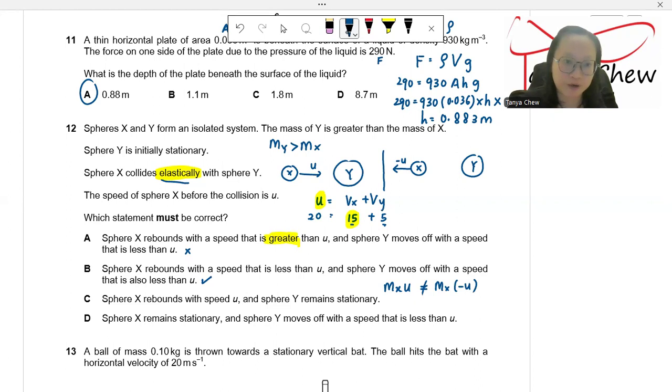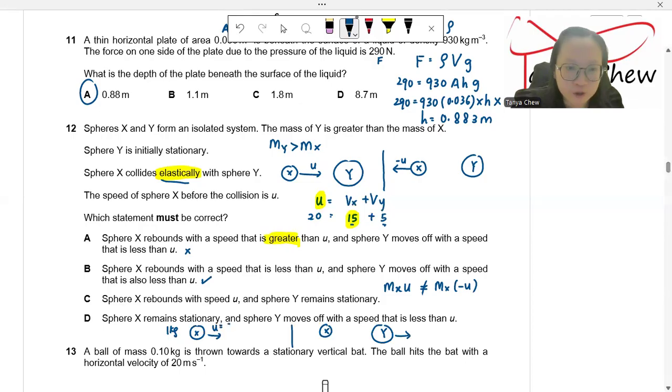D, sphere X remains stationary and sphere Y moves with a speed that is lesser than U. So after the collision, X is stationary and Y moves with a speed lesser than U. I'll put in numbers to see whether this is correct.